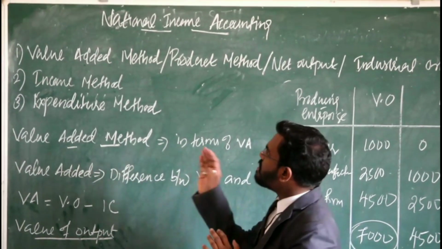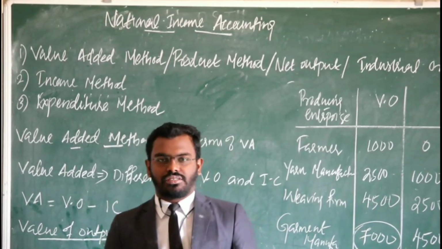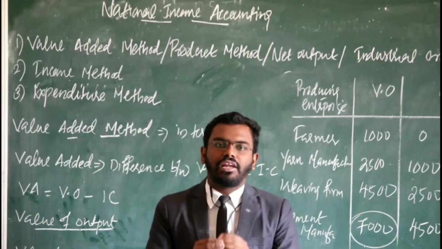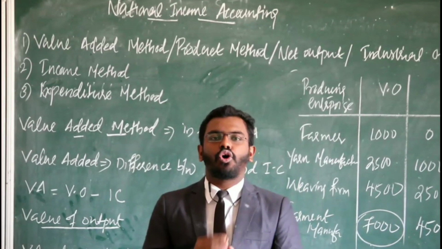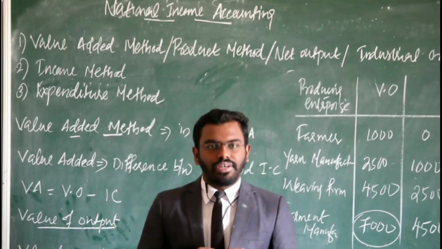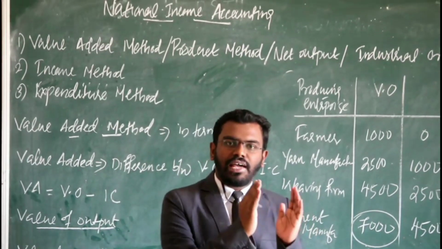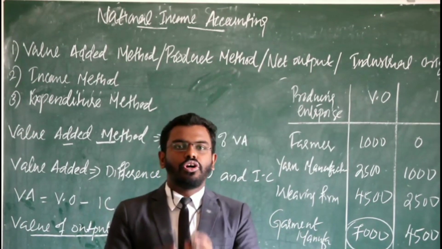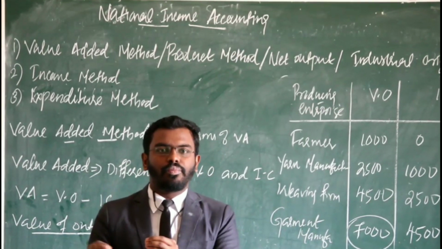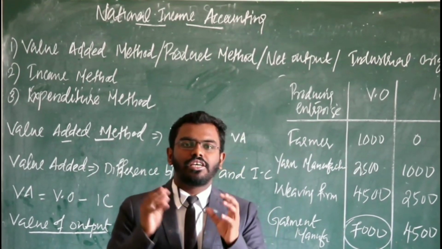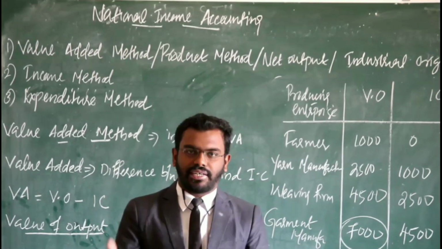So the base of national income calculation is the circular flow of income. That day we discussed in the circular flow of income that the total value of product is equal to the total income generated by factors of production, which is equal to the total expenditure made by households on product.